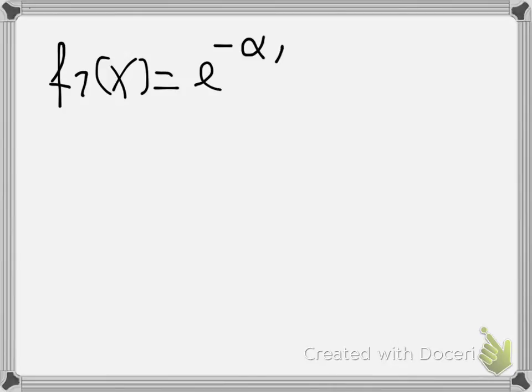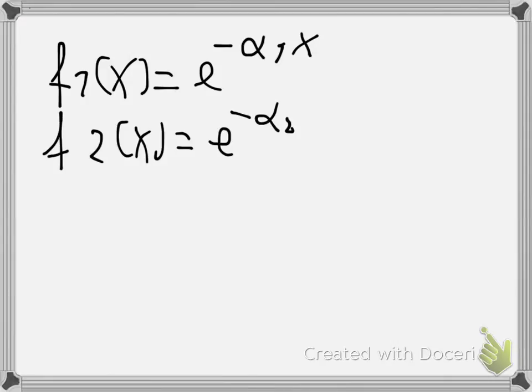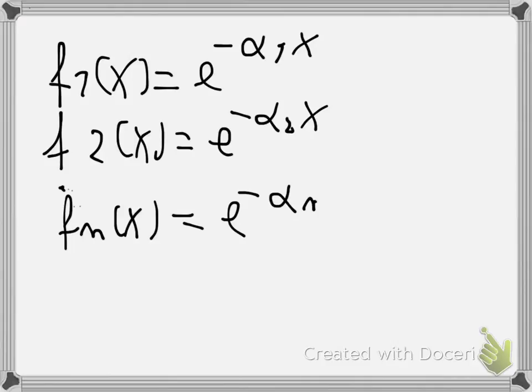Here we will do a proof about linear independence. So let's say we have the functions f1 of x equals e to the negative alpha 1 x, f2 of x is equal to e to the negative alpha 2 x, and so on until fn of x equals e to the negative alpha n x.